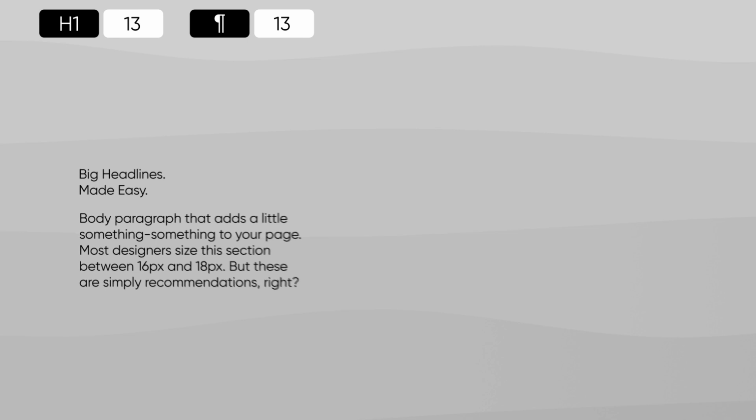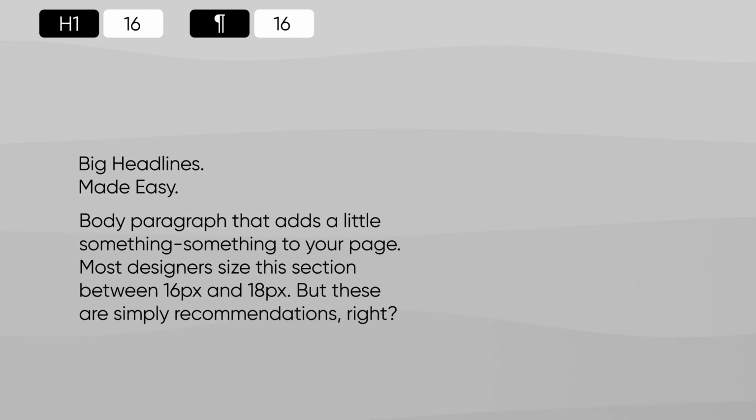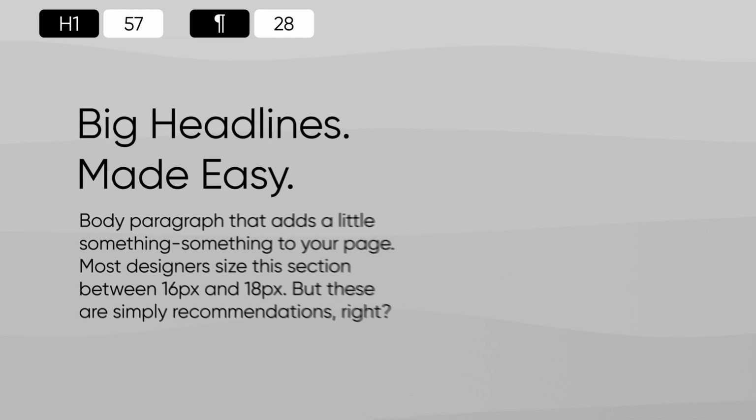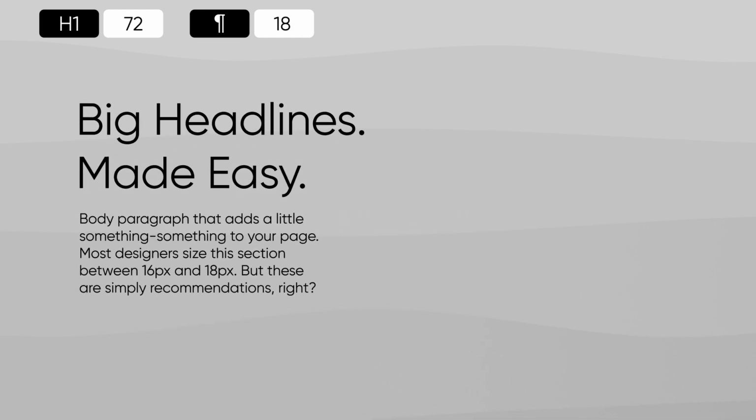And remember, people might be looking at your page on a desktop, but they might also be looking at it on a mobile screen. So choosing font sizes that work well on both is really important. So these days, most people tend to stick to 16 to 18 point fonts as their base body copy font size. And when it comes to headlines, you might have a few different sizes of headlines that you use for different reasons, but you don't want the headline to be too much bigger than your body copy.